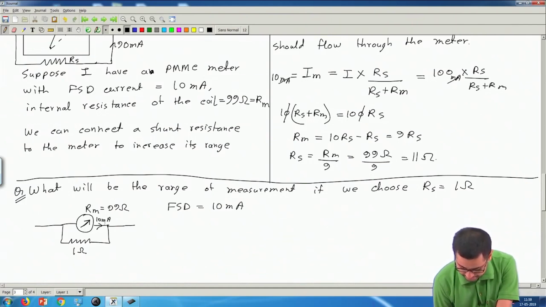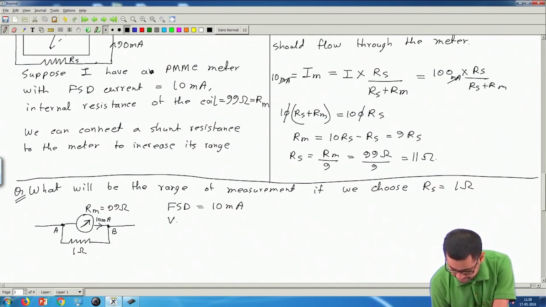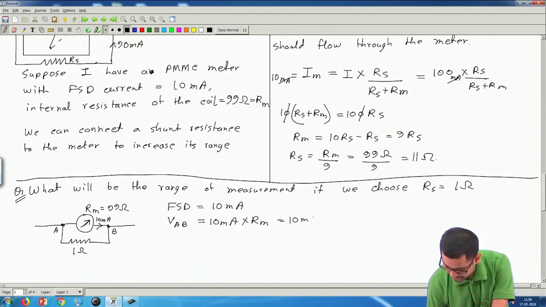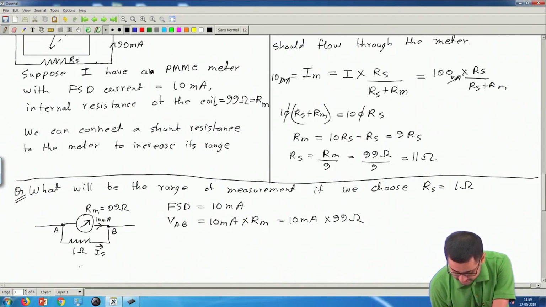And if this current is 10 milliampere, then what is the voltage between these 2 points? Call this A and B. So VAB will be equal to this current 10 milliampere multiplied by Rm, meter resistance, which is 10 milliampere multiplied by 99 ohm. So this will be the voltage between these 2 points. So what will be this current? Call this Is, shunt current.